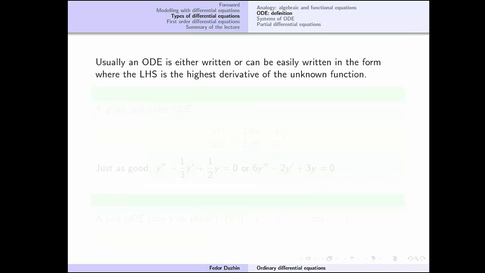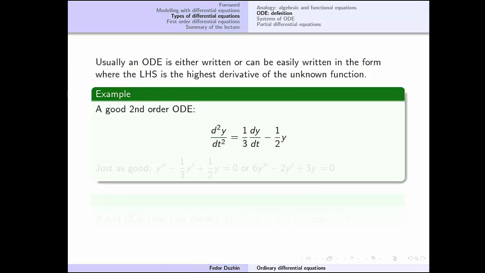Usually an ODE is either explicitly written or can be easily written so that the left-hand side is just the highest derivative involved, like this. Notice that if you look at this differential equation, it is a second-order differential equation, but it's not a big challenge to take this and move everything to the right-hand side.